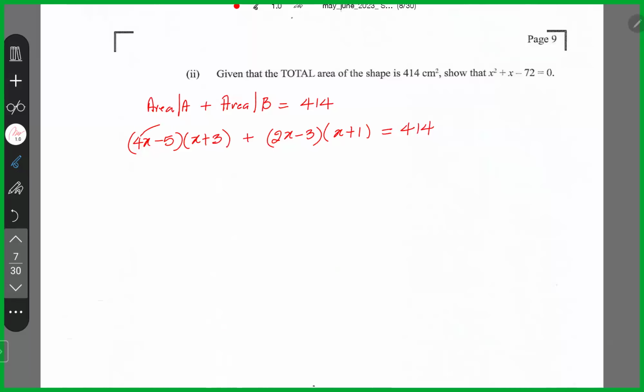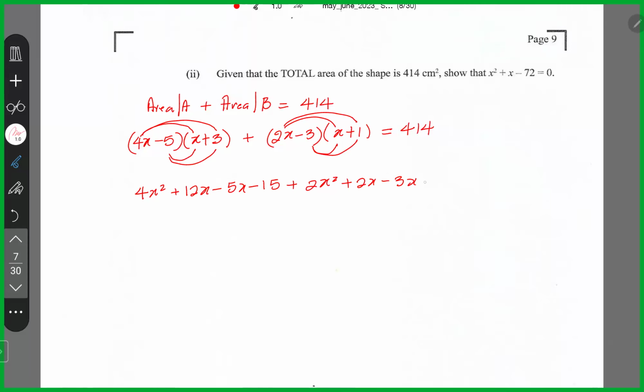We have 4x times x is 4x squared. 4x times 3 is 12x. Minus 5 times x is minus 5x. Minus 5 times 3, minus 15, plus 2x times x, 2x squared. 2x times 1, 2x. Minus 3 times x, minus 3x.